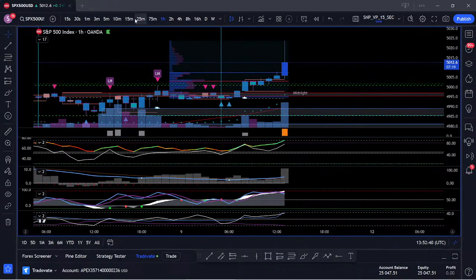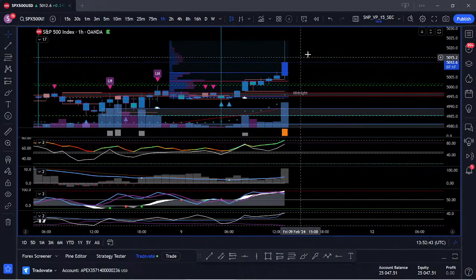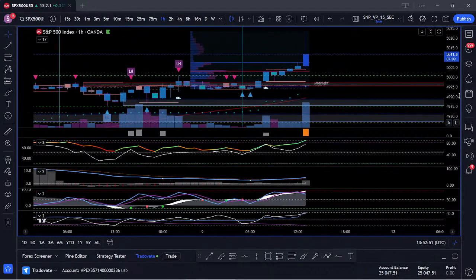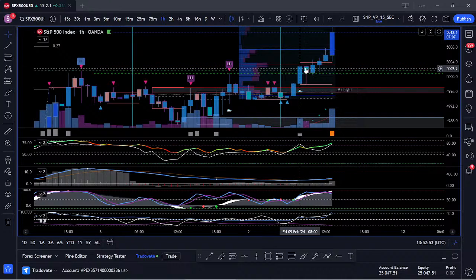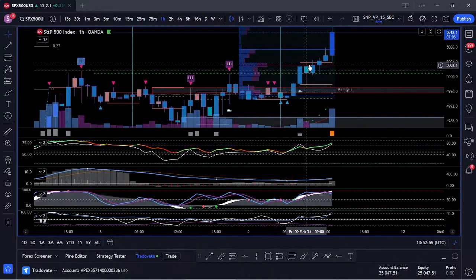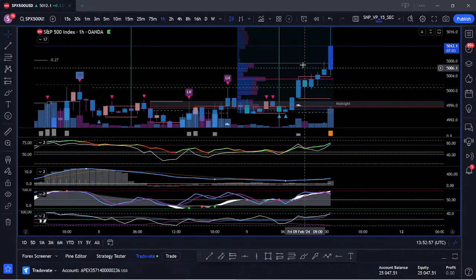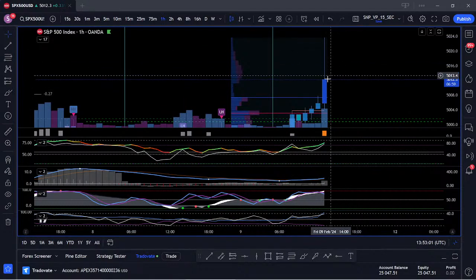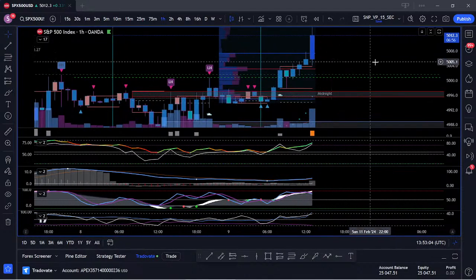Now let's go to the lower time frame. We have one more thing, which is the ATR here. So far away, which is good. We have volume profile. This is the area where it was moving the most. Anything above the blue is considered too high. The price is very high to buy.